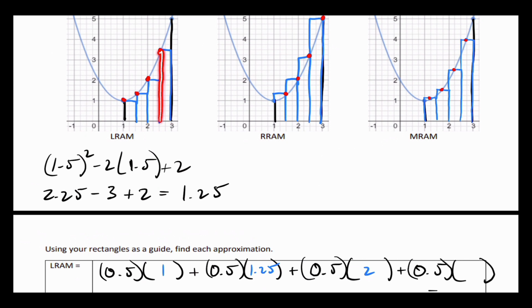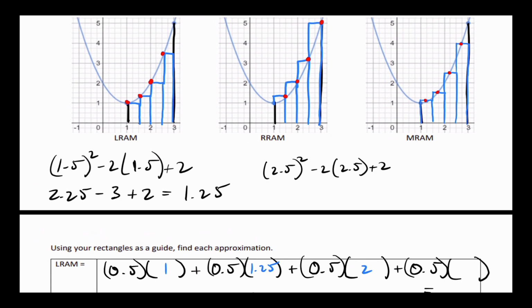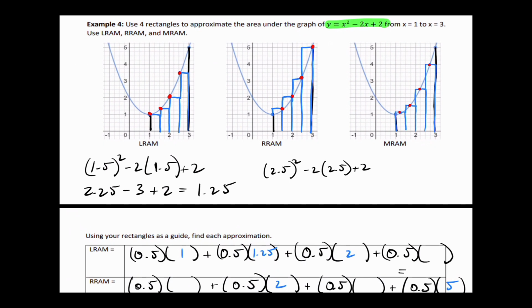I'm going to plug in 2.5 to the original equation, f of x, which is at the top. 2.5 squared is 6.25. 2 times 2.5 is 5, plus 2. 6.25 minus 5 is 1.25, plus 2 is 3.25. Okay? That's what you're going to do.